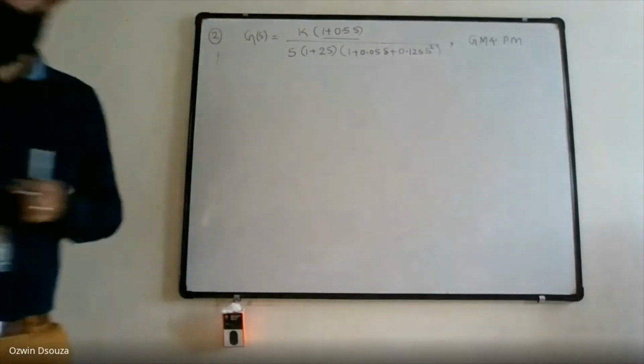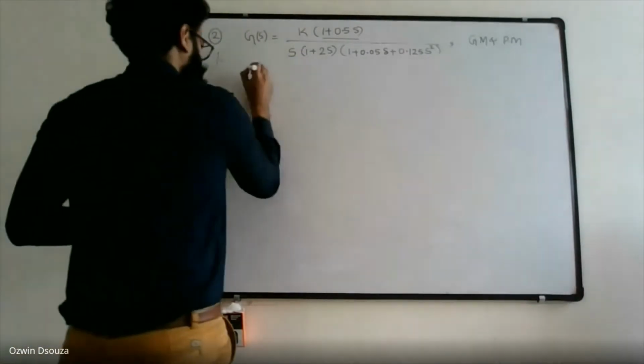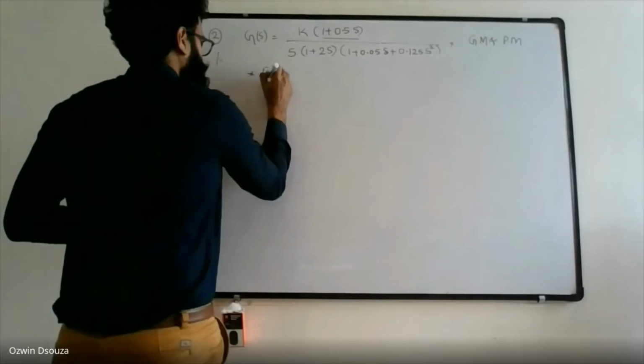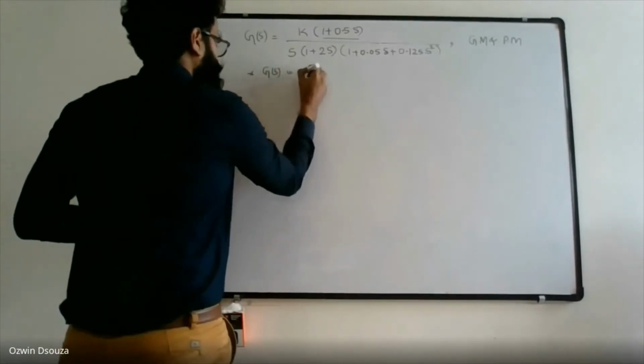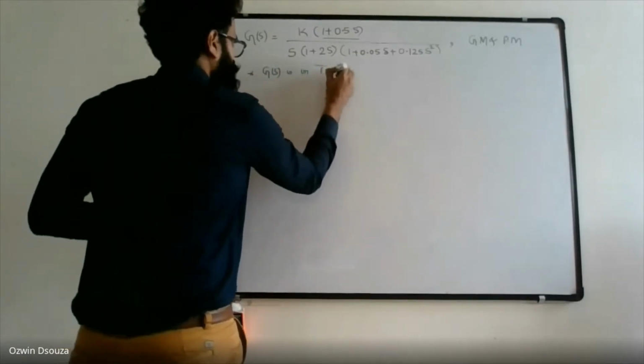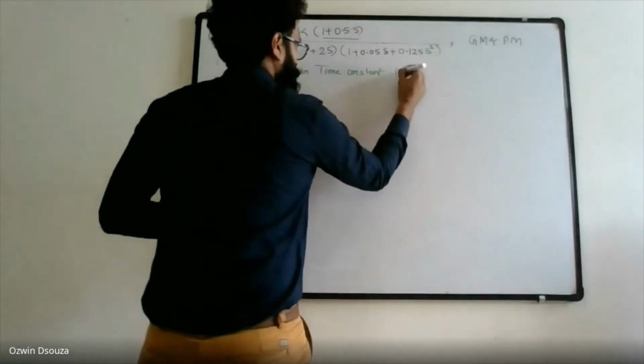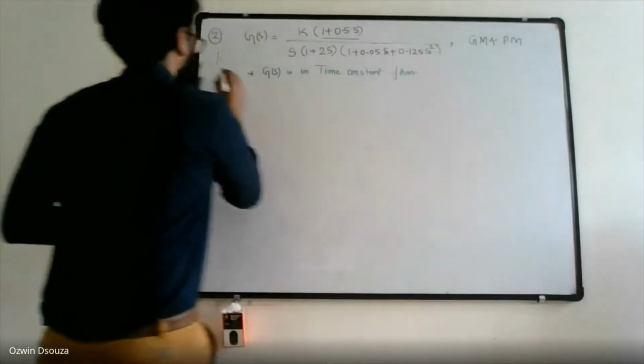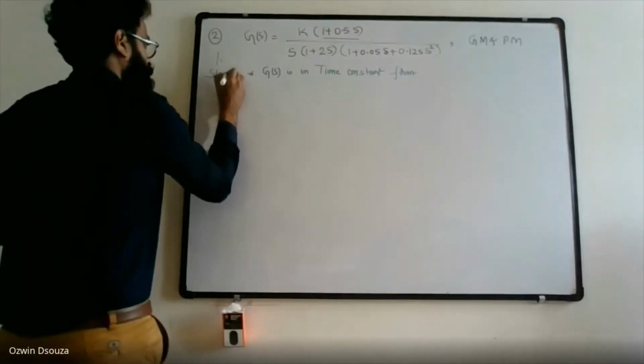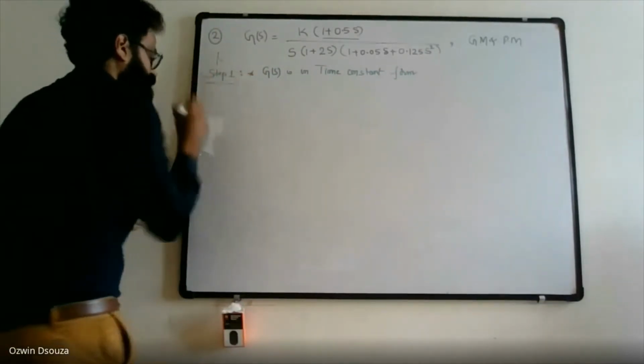So you can directly write that G of s is in time constant form. That's your step 1.